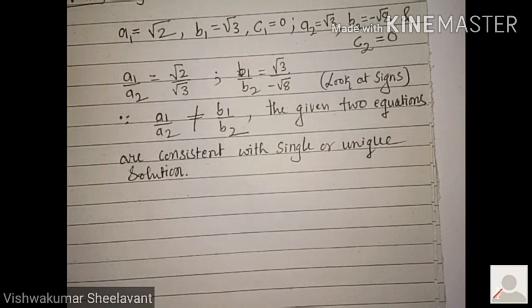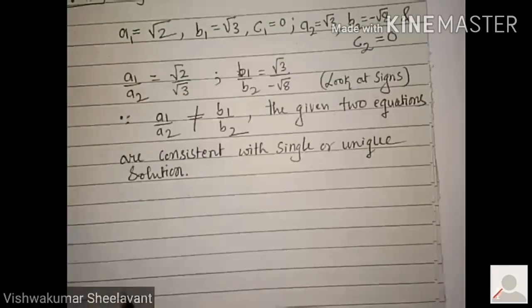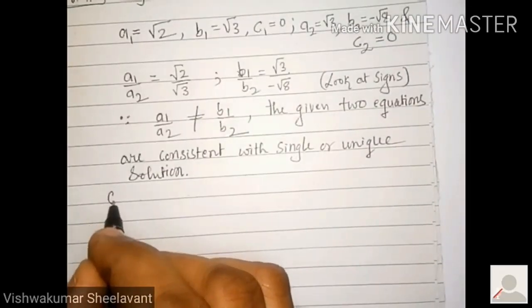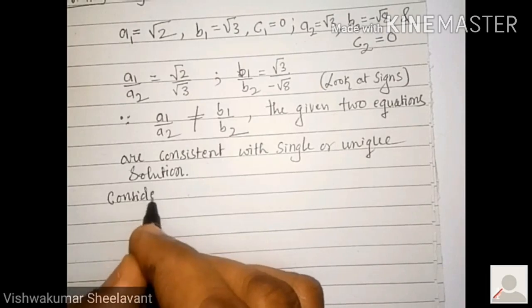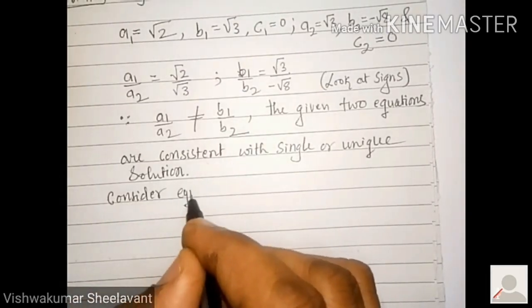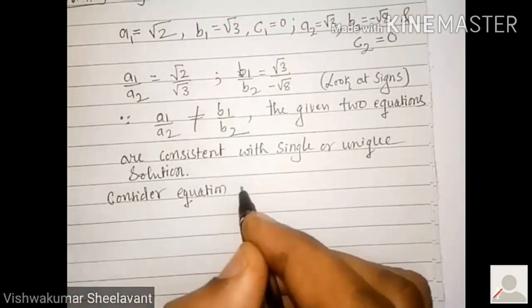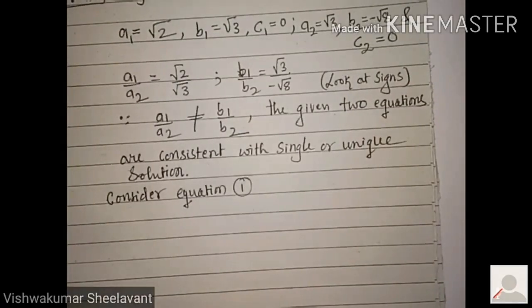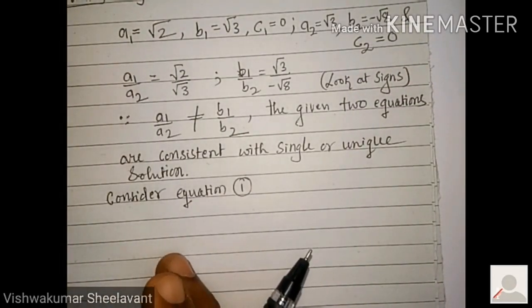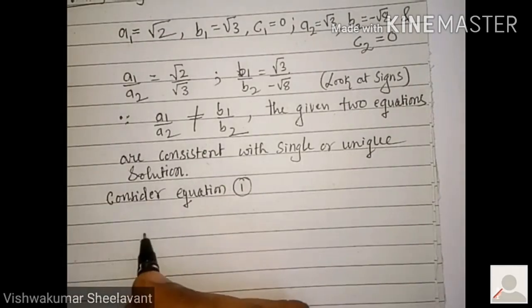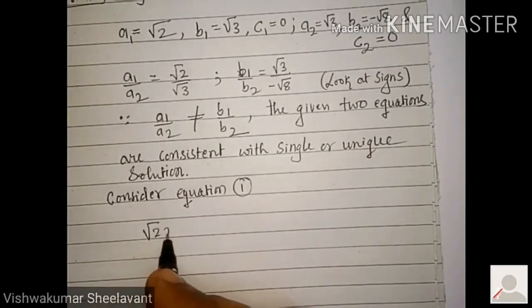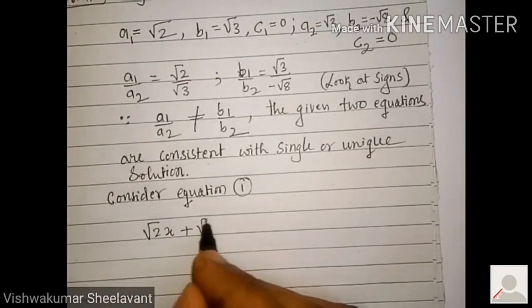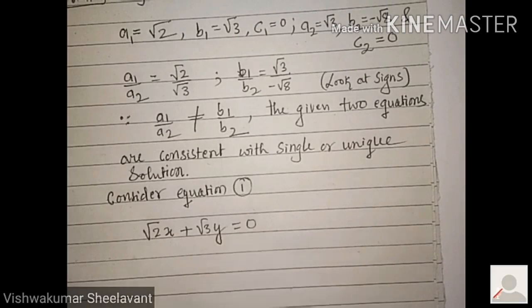Next what? You take equation 1. Consider equation 1. Root 2x plus root 3y equal to 0. You simplify for x or simplify for y.